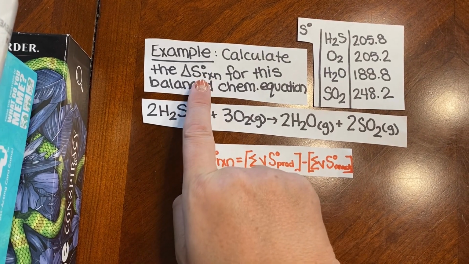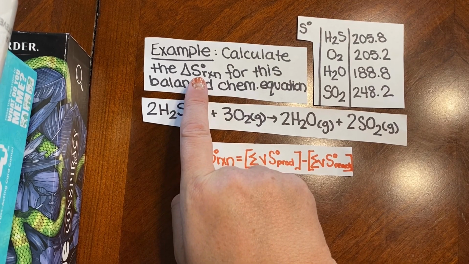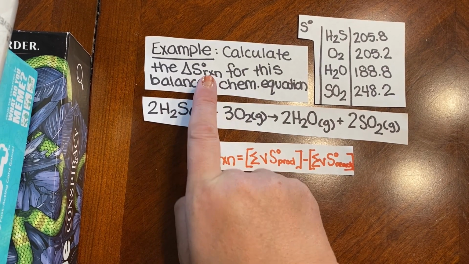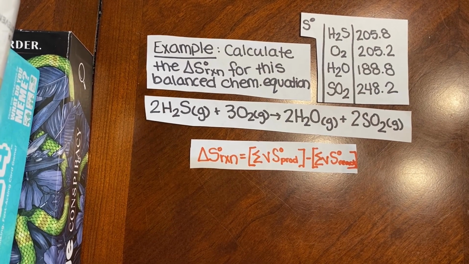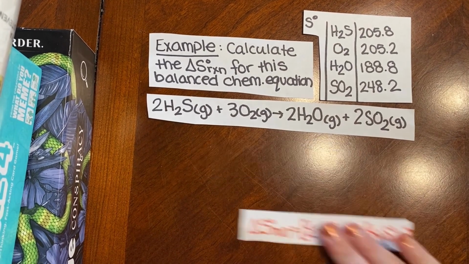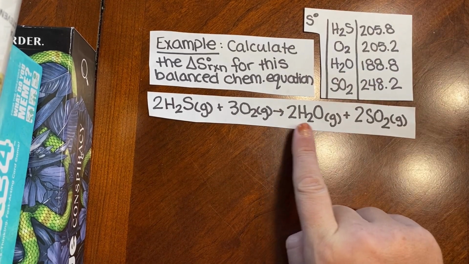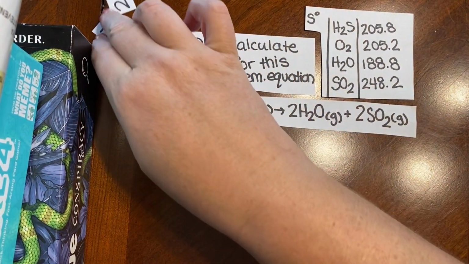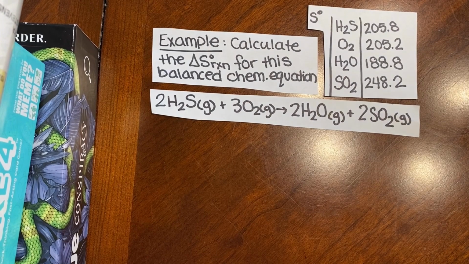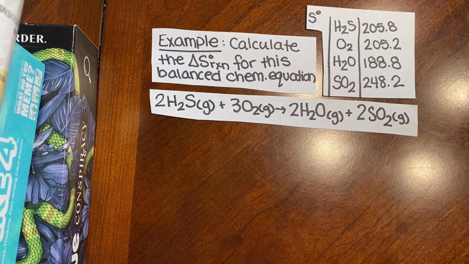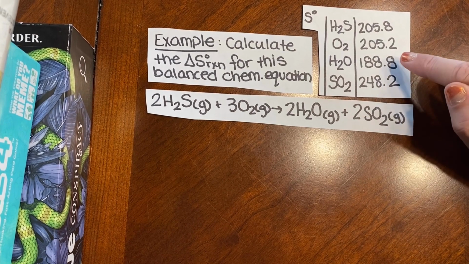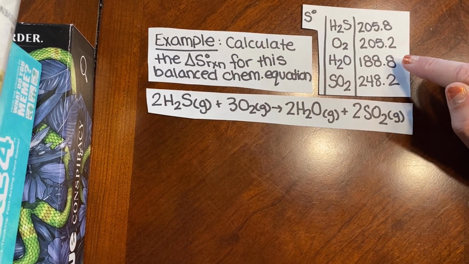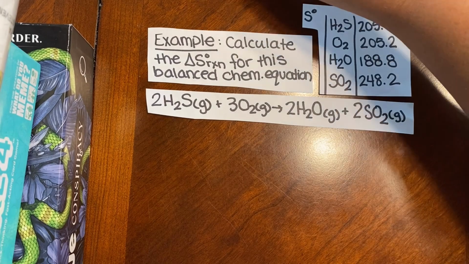So the first thing we're going to look at is the products because we want to know the change in entropy for the reaction. So we can use the equation here. For our products, we have 2 moles of water and 2 moles of sulfur dioxide.